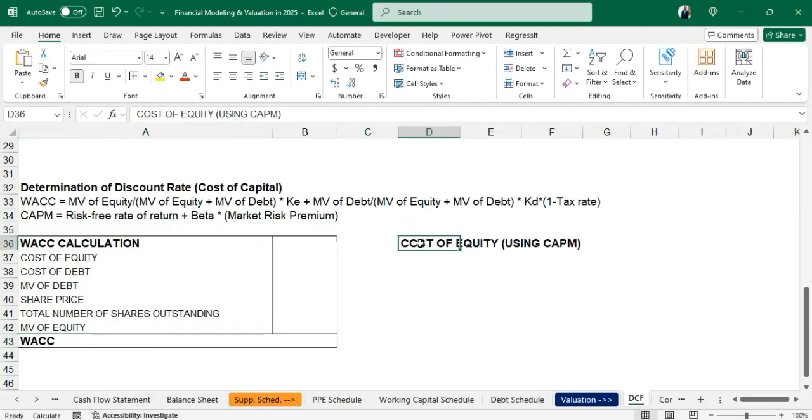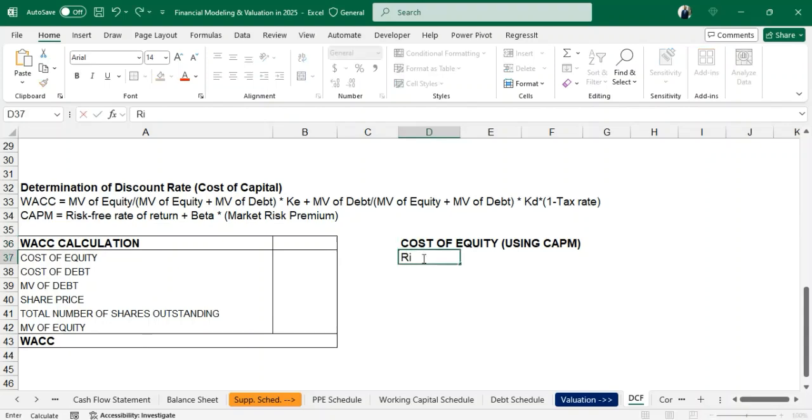Now, it means that if we want to calculate the cost of equity, we need to find all of these variables, just as we did for our WACC. So we need to find all of these variables. And in order to do that, we are going to do the same thing here.